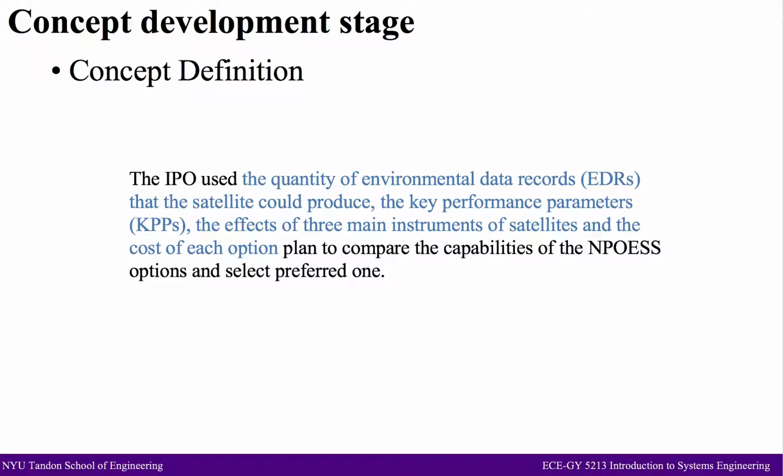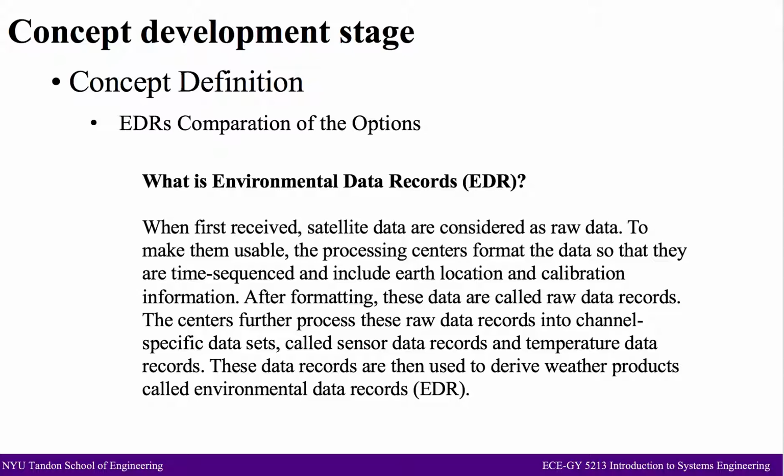So what is the EDR? EDR is the environmental data records. When first received, the satellite data are considered raw data. To make them usable, the processing center formats the data so that they are time sequenced and include Earth's location and the calibration information.